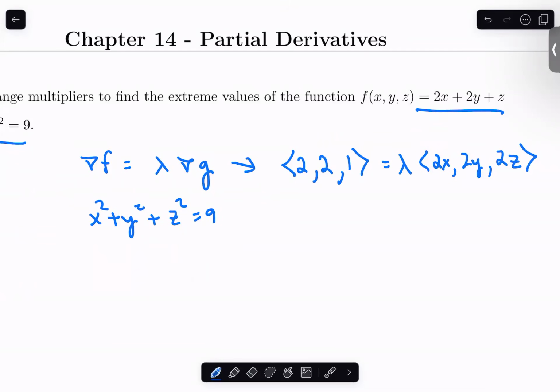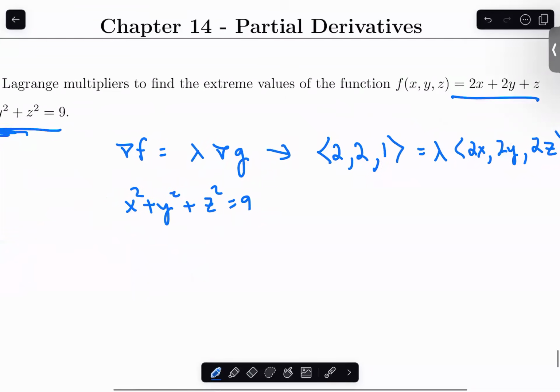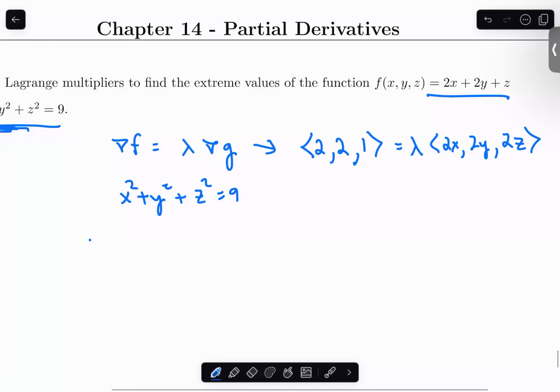So let's go ahead and write down our system of equations. I should have that 2 is equal to lambda 2x. I have that 2 is equal to lambda 2y. And I have that 1 is equal to lambda 2z.